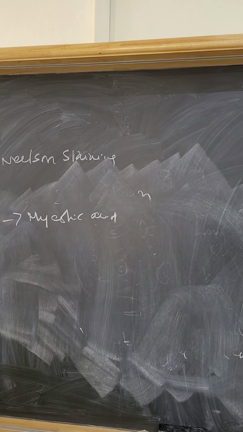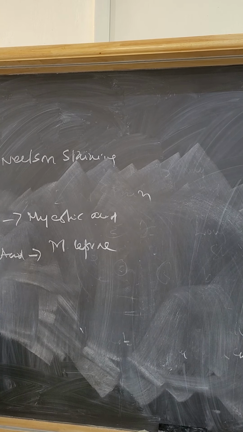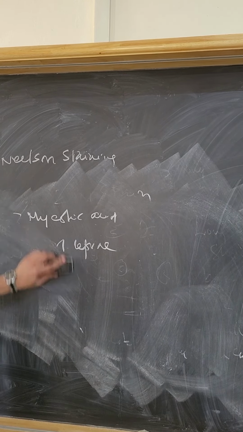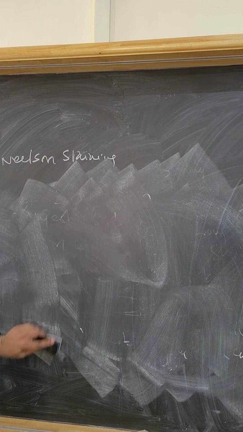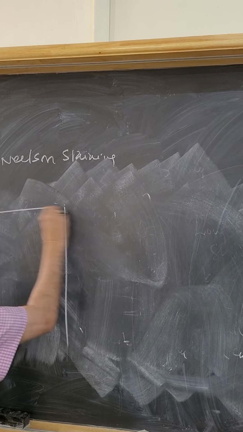Then the next question is, what are other acid fast organisms? You say Mycobacterium leprae. Then they will ask, what are the differences between Mycobacterium tuberculosis and Mycobacterium leprae? At least a couple of answers should come now.